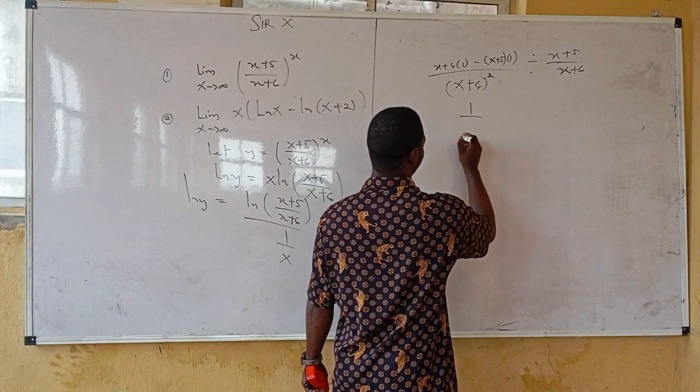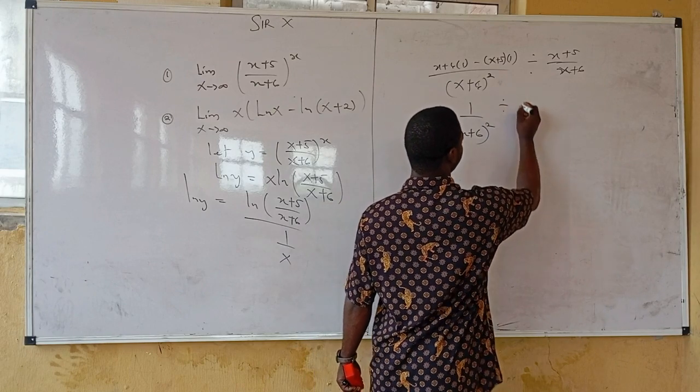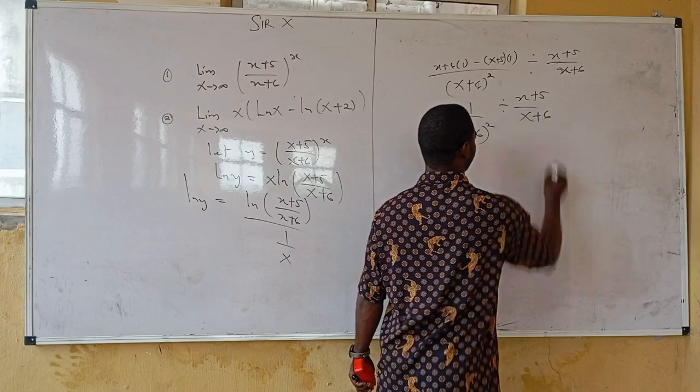So we have 1/(x+6)² divided by (x+5)/(x+6).